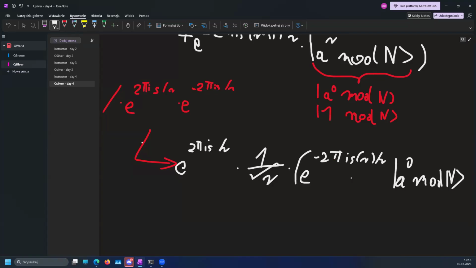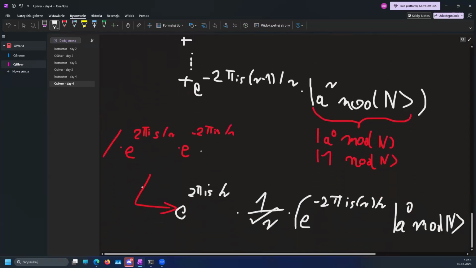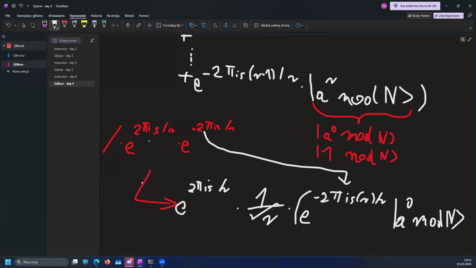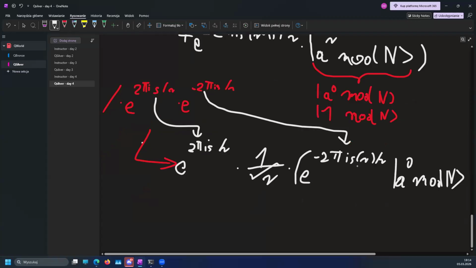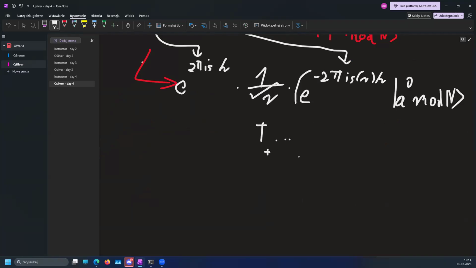Yes, and here we have this r, because here we have 0, but since we multiplied it by this number, it went here, and this went here. So it changed in that way. And for other states, we will get a similar result.